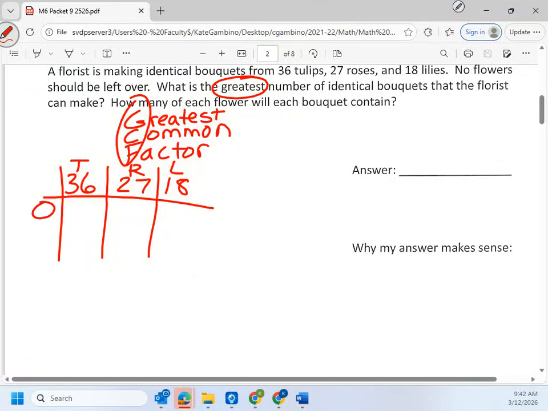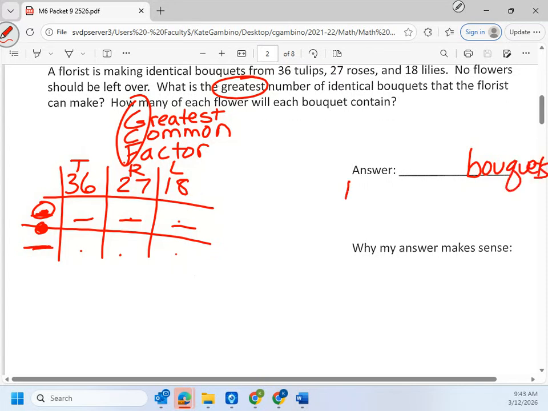You put that over here, whatever that number is, you divide and put what is left when you divide that number out. When you get these 3 numbers, if you can divide another factor out, you divide that factor out, and then you put what is left. If you have 2 numbers that you divided out, you multiply them together to get your greatest common factor. That's how many bouquets there will be.